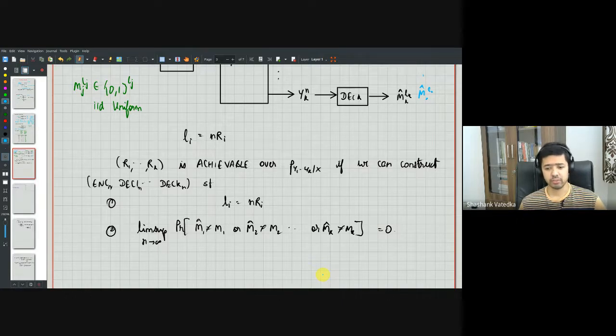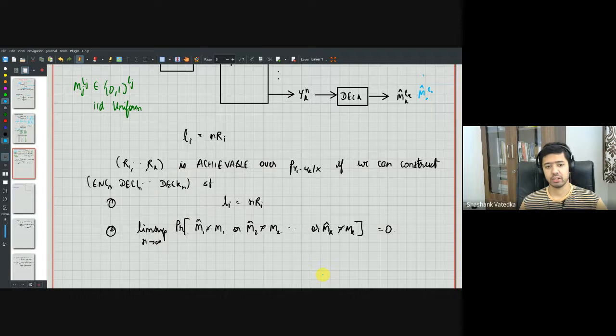Okay. And our discussion will primarily be focused on the two-user broadcast channel. So we did a similar thing for multiple access channels. We studied two-user multiple access channels in detail, and then I said that for k users, it's a simple generalization.